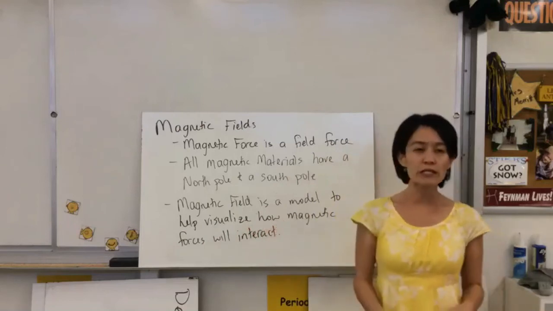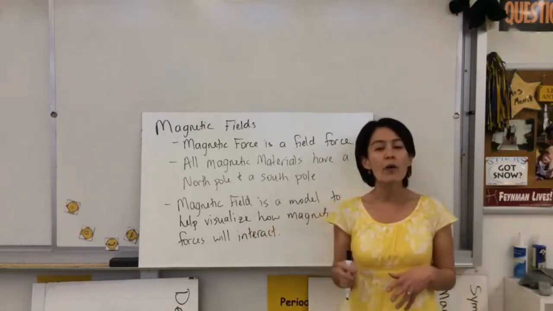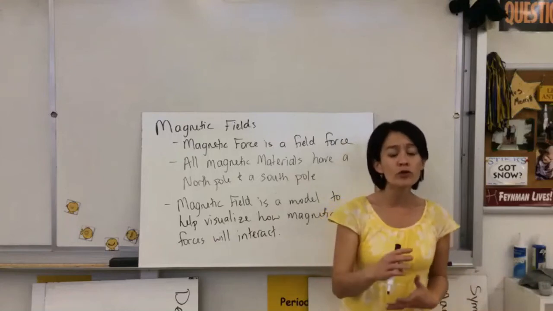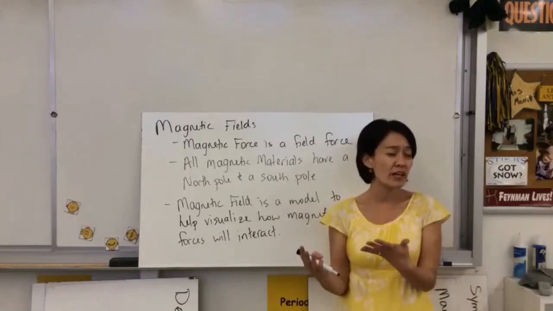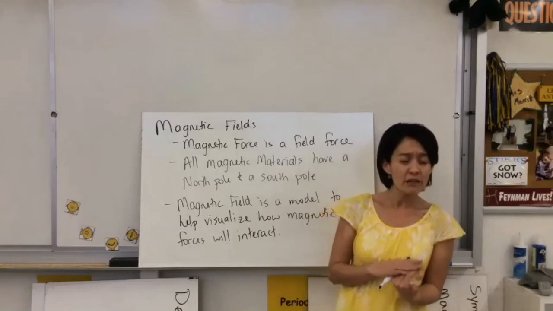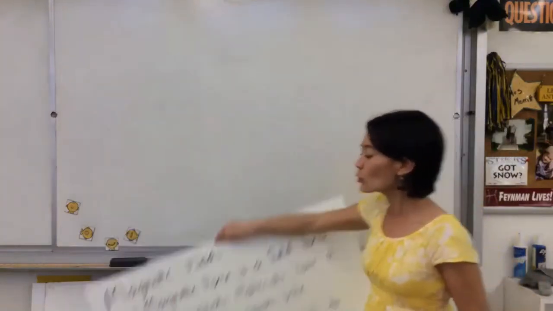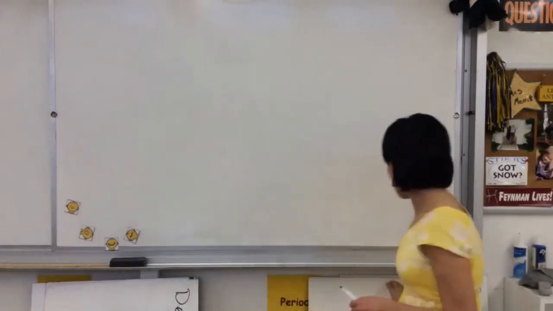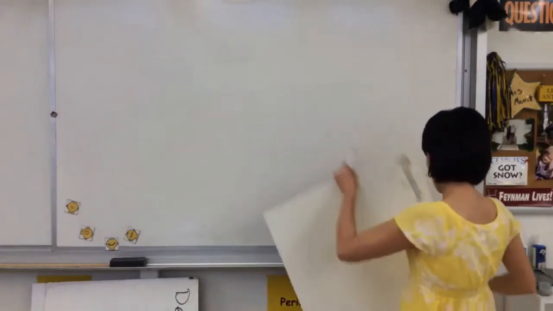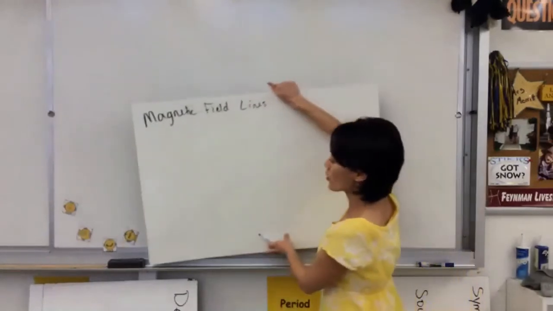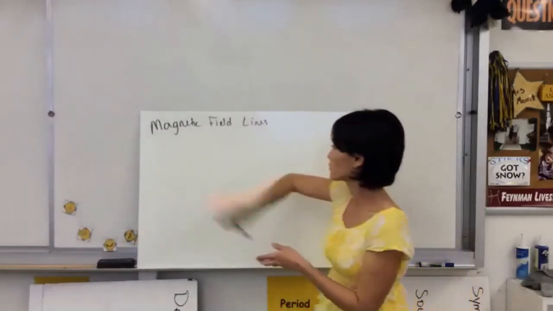Just like electric field lines showed us how a positive charge would move if I put it in some other external electric field, the magnetic field line is going to do the same. The rules for magnetic field lines are that they always point towards the south pole.